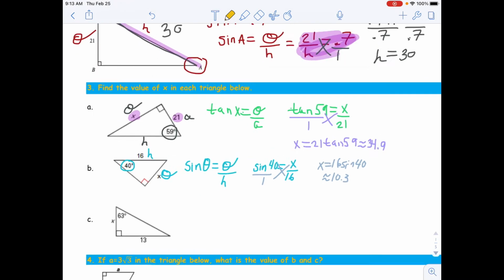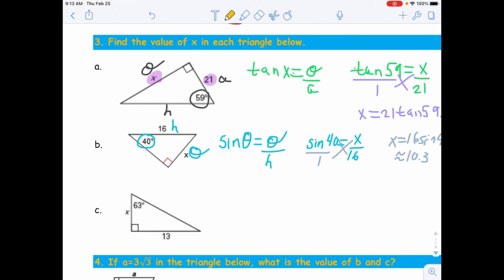All right, and then last one is we got 63 right here. Ooh, what's going on here this time? We got an adjacent side and the opposite side, so it's another tangent one. So tan of theta equals opposite over adjacent. So tan of 63 equals opposite 13 over x. So realize x can be in the numerator or the denominator. You just must follow SOHCAHTOA.